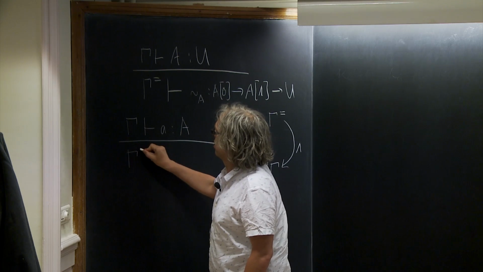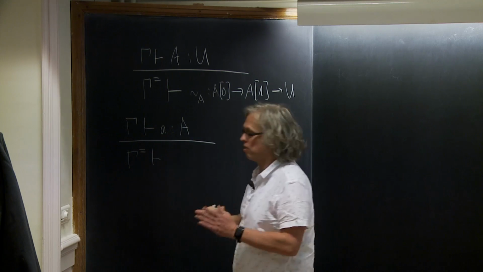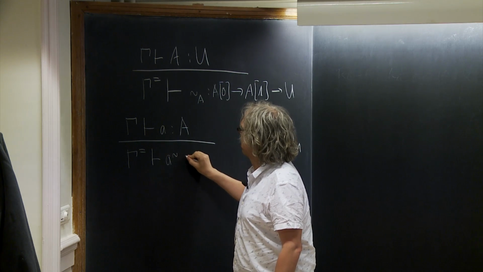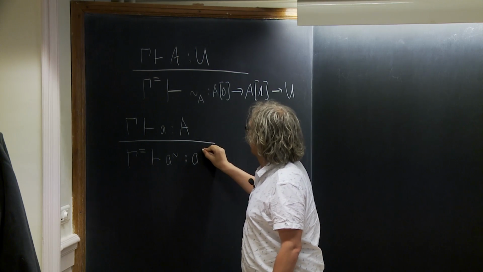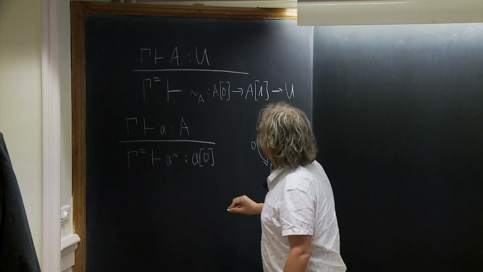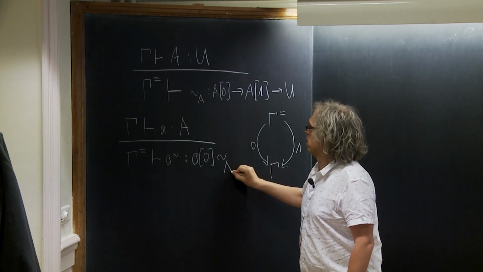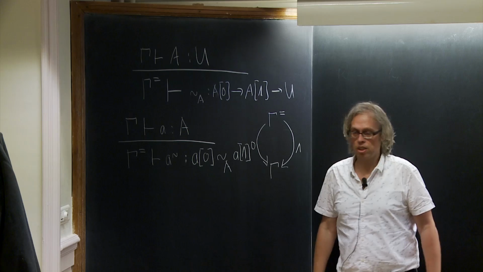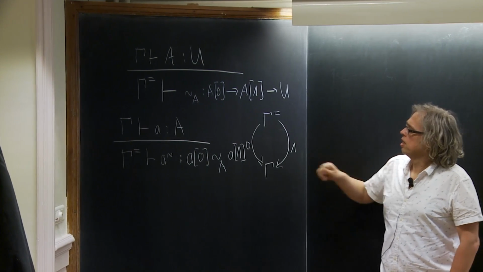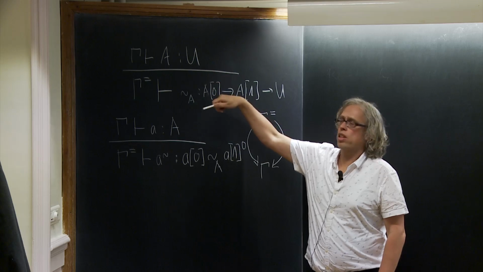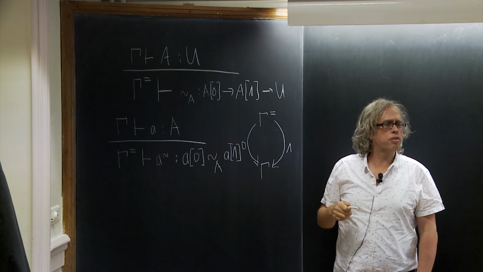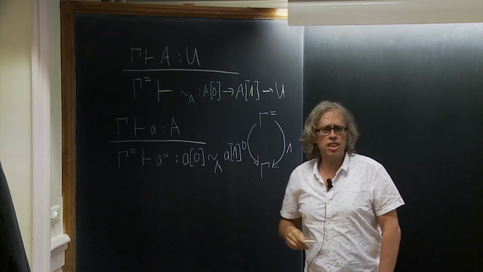I'm saying in gamma equal, in the context where everything is tripled, now there's a proof a tilde, which proves that a projected in the zero component is related to a projected in the first component. And I find this by induction over A, over the type. So I did this for pi types, and I left this as an exercise for sigma types. I'm going to check the exercise at the end of the lecture.